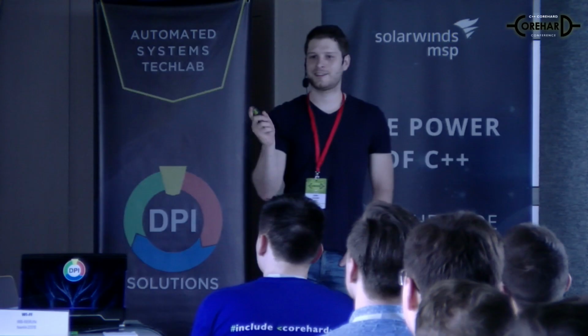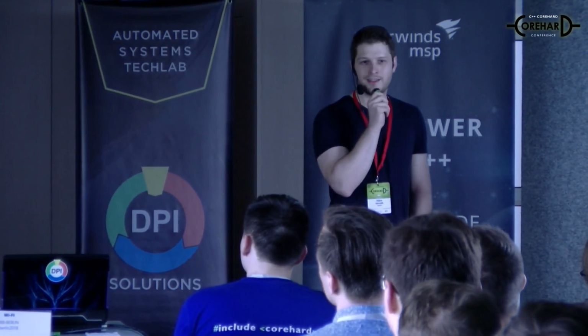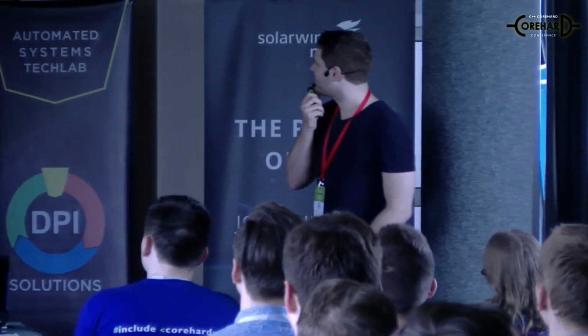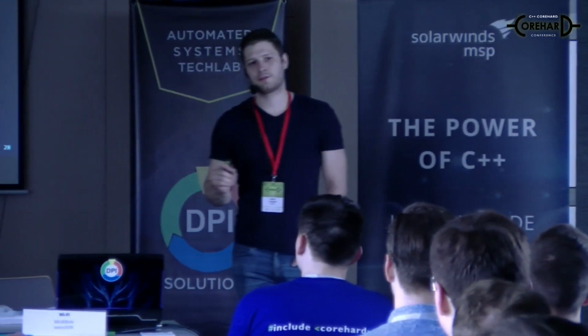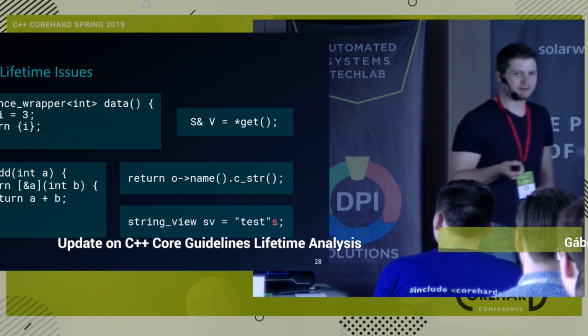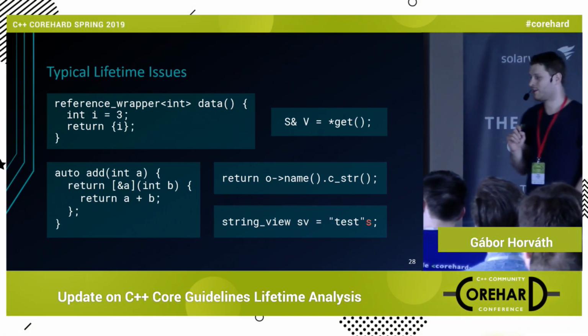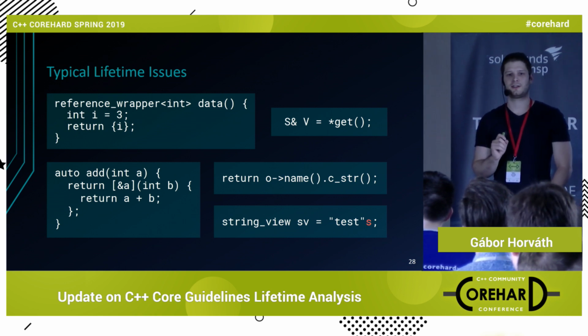Does anyone have an idea? Yes, so one possibility would be if get returns a null pointer, that would be the dereference of a null pointer. But there is another possibility for this to go wrong. What happens if get actually returns a unique pointer?